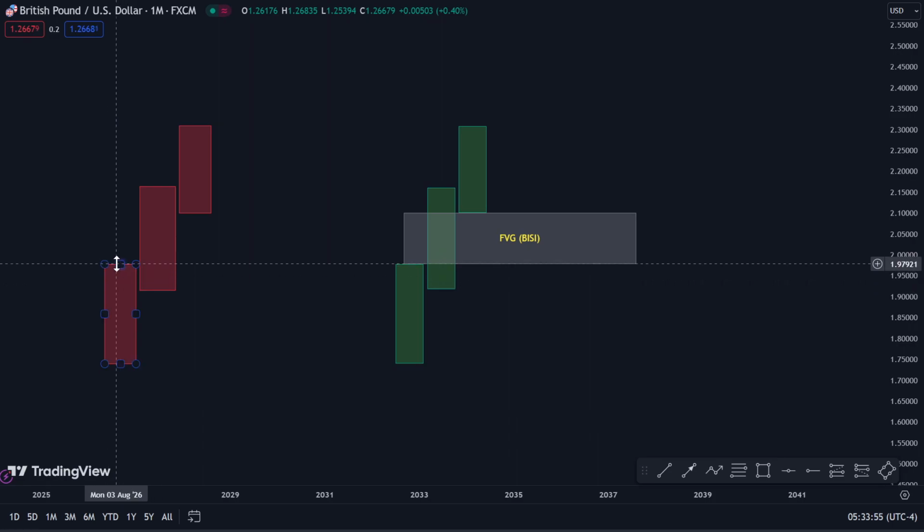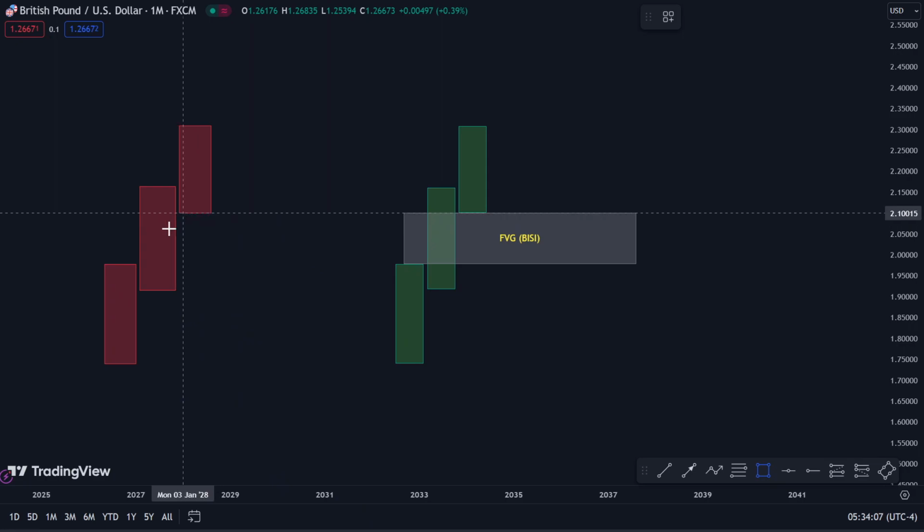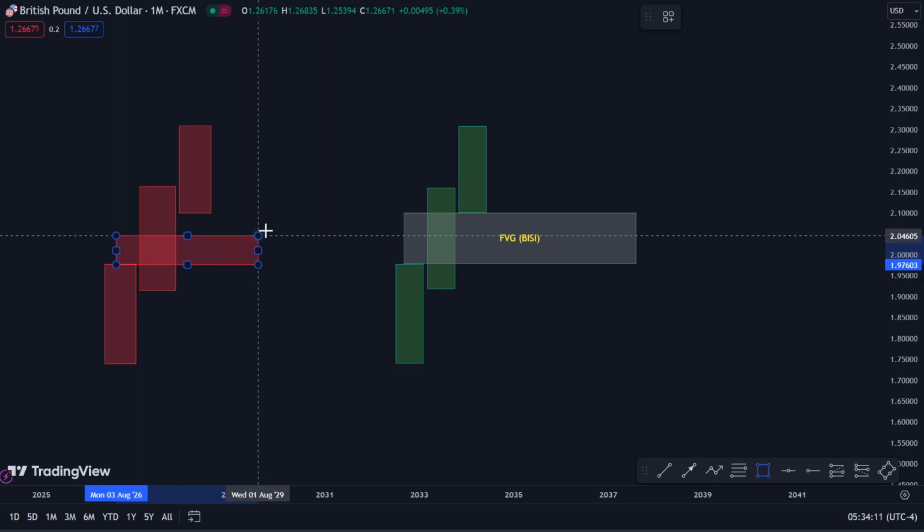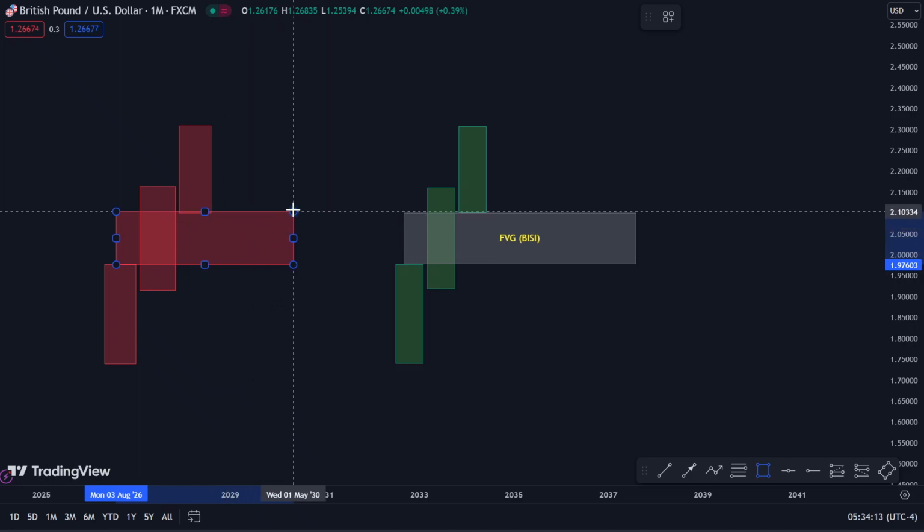We annotate, or rather mark, the opening price of this and the closing price of this. So this is what I'm talking about. This is the opening price and this is the closing price of this.